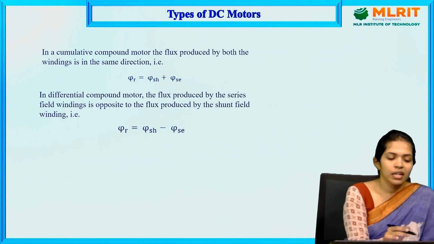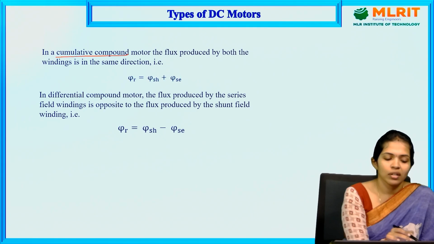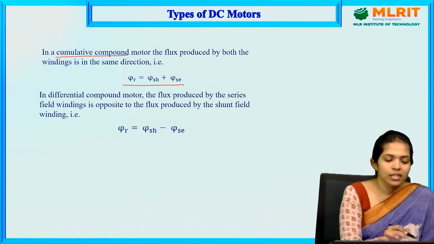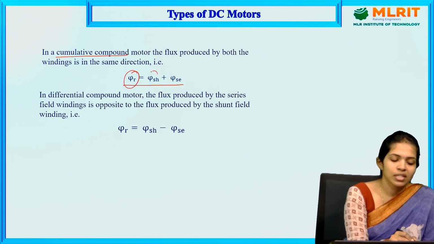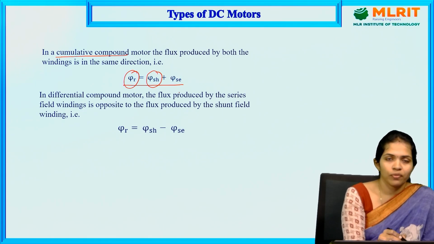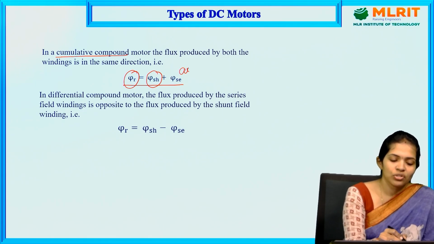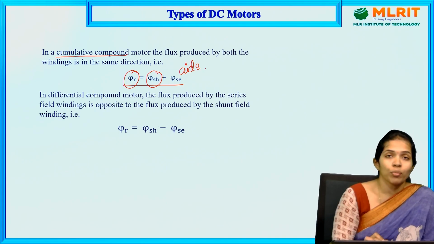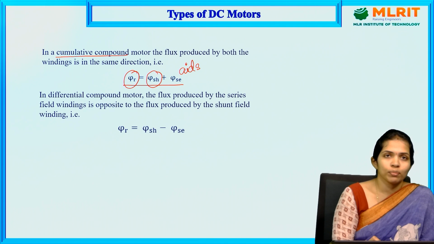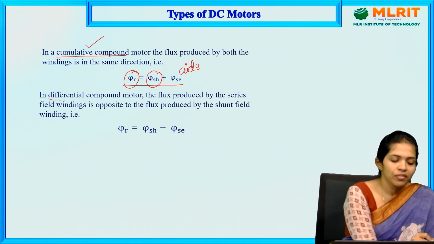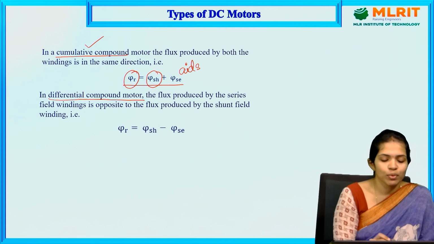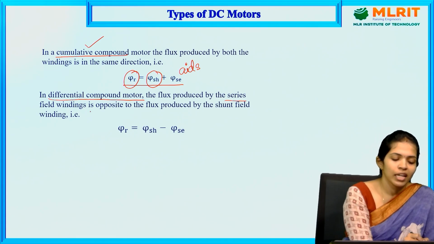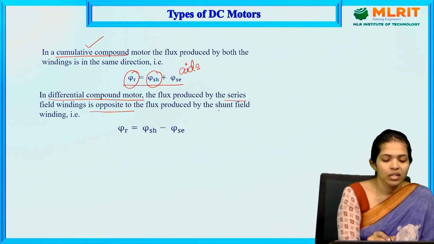So in a cumulative compound wound motor, we have the resultant flux. If the fluxes of the shunt field winding and series field winding aid or enhance each other, then that kind of compound wound motor is called a cumulative compound wound motor. In a differentially compound wound motor, the flux produced by the series field winding is opposite to the flux produced by the shunt field winding.